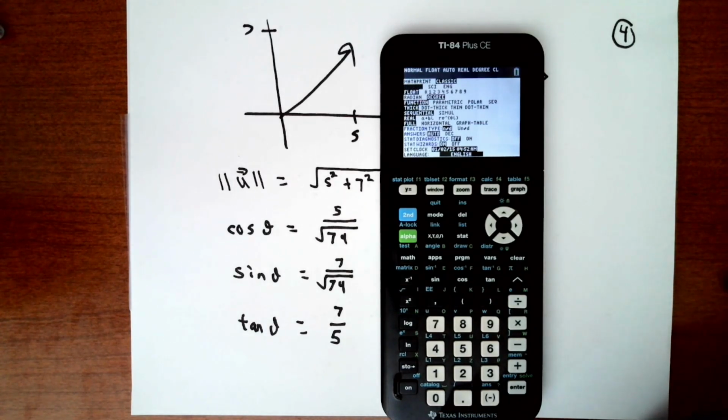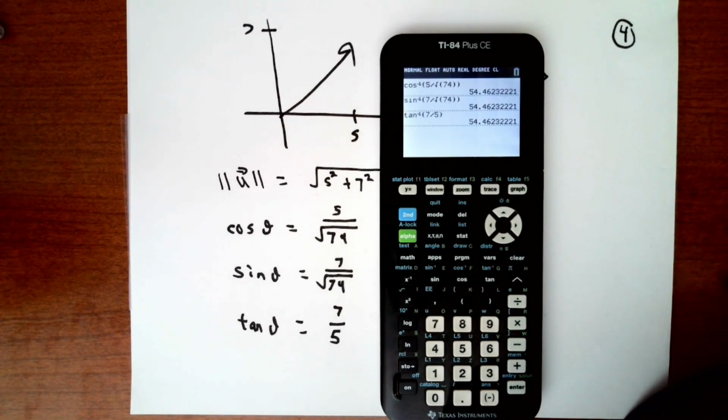Firstly, I'm going to calculate the inverse cosine of 5 over radical 74. Then I'll calculate the inverse sine of 7 over radical 74. Then I'll calculate the inverse tangent of 7 over 5. And if our thinking is right, I should get the same answer all 3 ways.